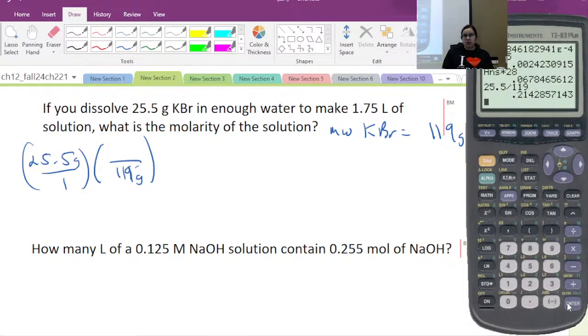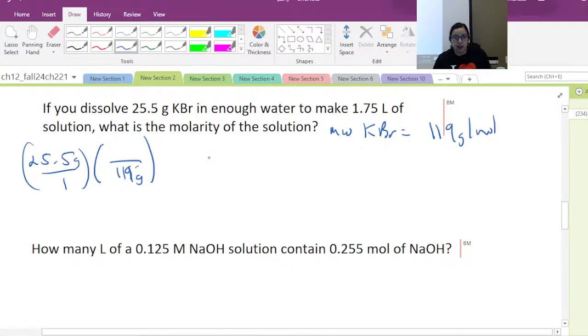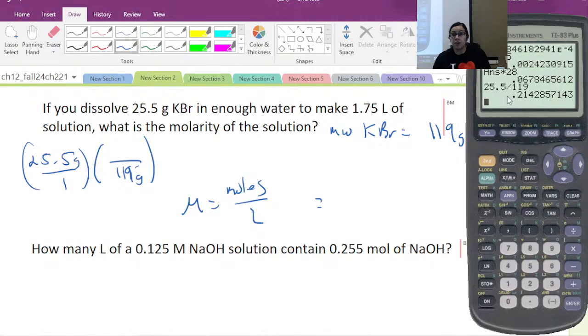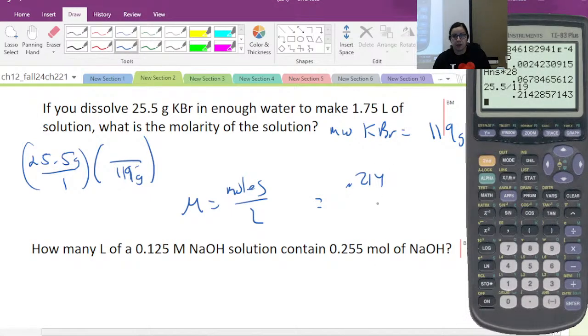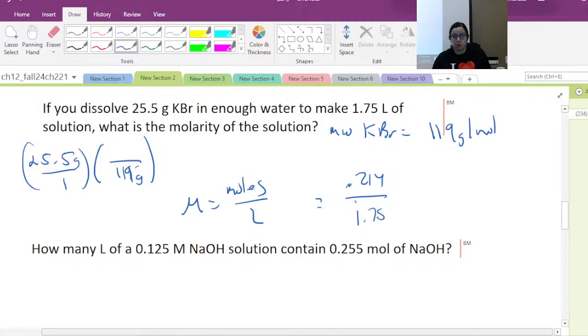So then we get about 0.214 moles of potassium bromide, and then we can plug it into our molarity formula, so it's just moles over liters. So 0.214 or so divided by 1.75.